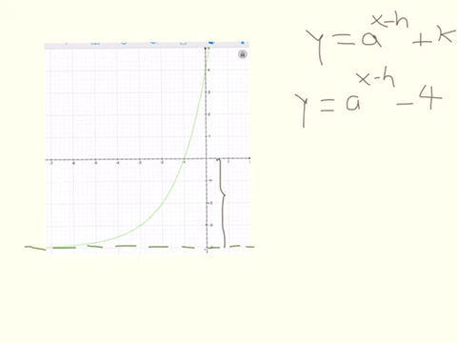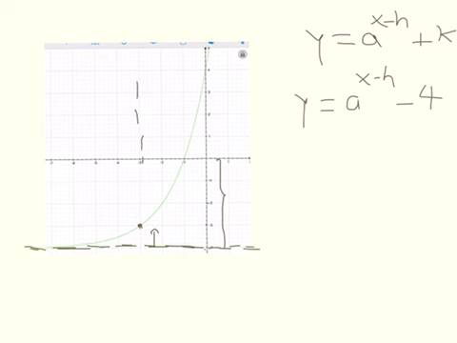Once we have our new horizontal asymptote, that will be like our new x-axis. We move 1 unit up, and we realize that when we move 1 unit up, the function intersects in these values.